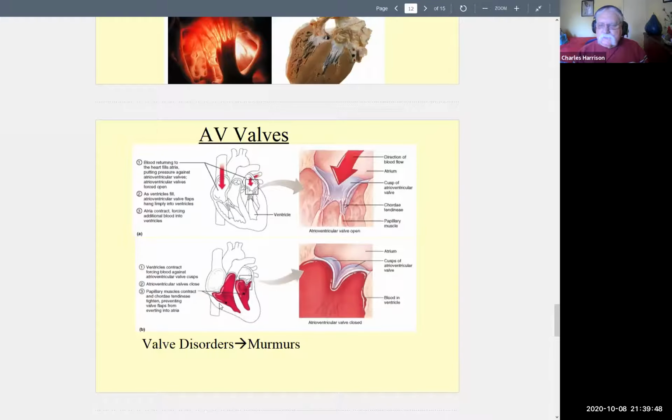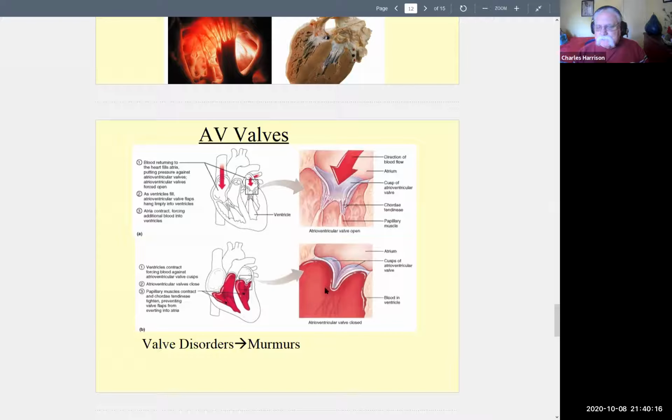Okay, this shows how the valves work. Blood coming through. Now when blood is trying to go backwards, here's the left ventricle. Blood being forced into the aorta, but also being forced up against the left atrium.